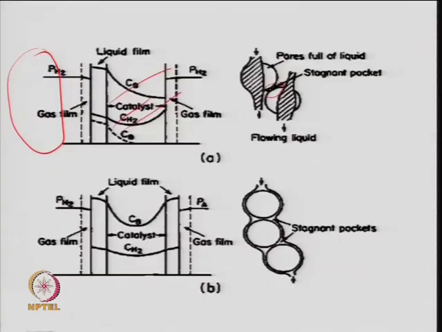And stagnant pockets are something like this, which are here. If you look at different particles, you have the pockets of these zones where there is no reaction, basically the white portions if you look here. And the same picture again: gas film, then liquid film, and there is a concentration profile. B is also diffusing and A is also diffusing, and then they are reacting.